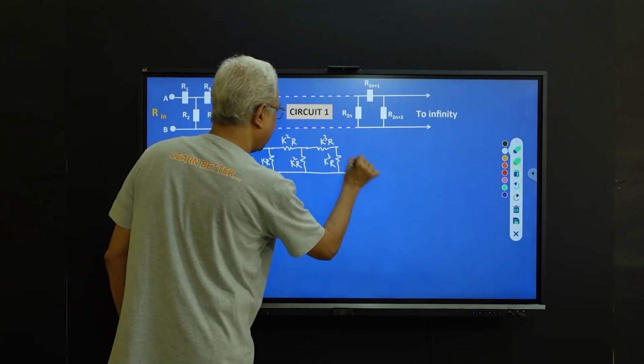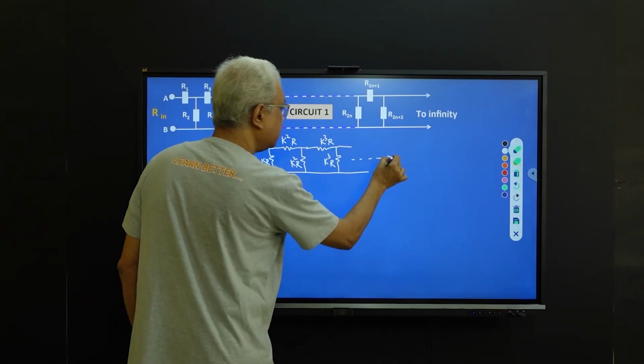And consider this as the infinite ladder to infinity.